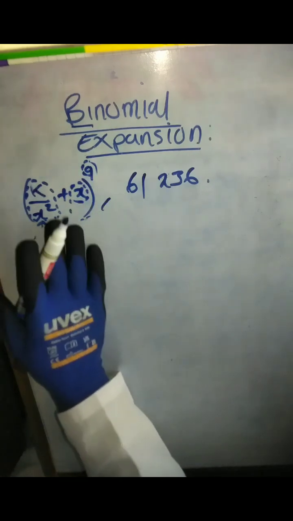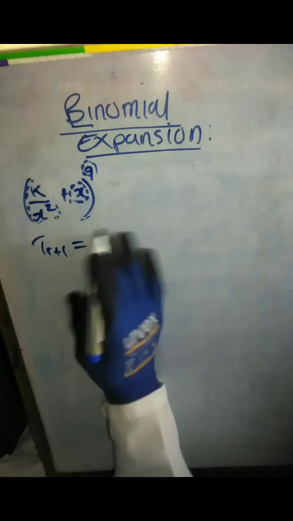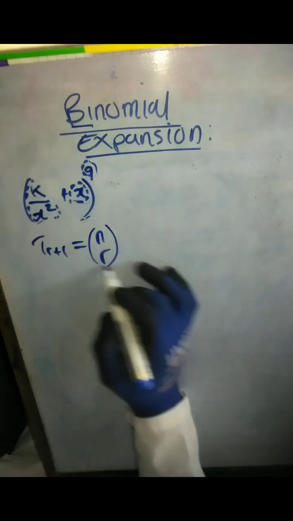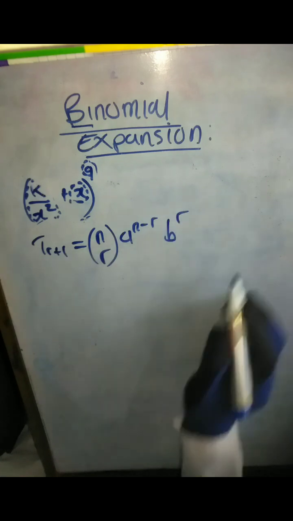Okay, so now let's solve this question. So we'll now say, using a general term. I said when questions like this are asked, you don't have to expand this binomial. Just use the general formula, which says t sub r plus 1 equals n combine r, then a to the n minus r, then b to the r.